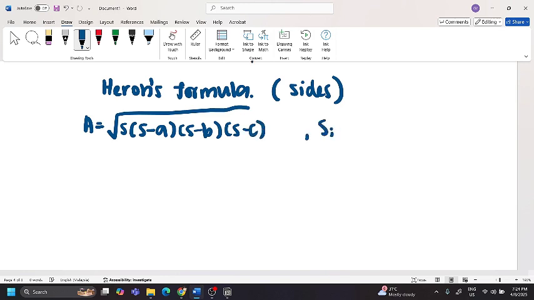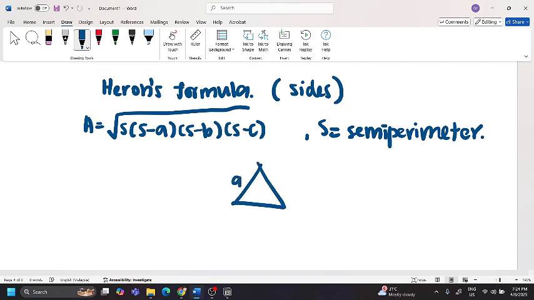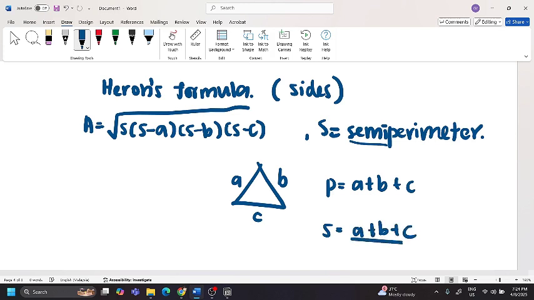S stands for semi-perimeter. Remember we talked about perimeter? When you have a triangle with lengths A, B, and C, the perimeter is A plus B plus C. Semi is half, so S equals A plus B plus C divided by 2.